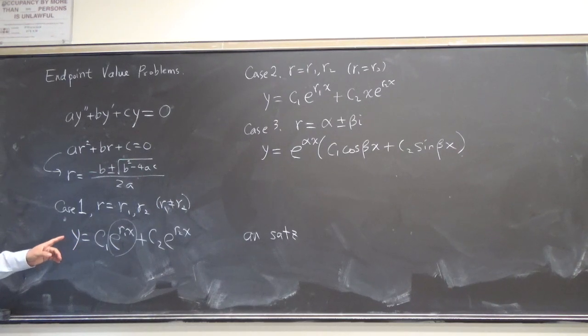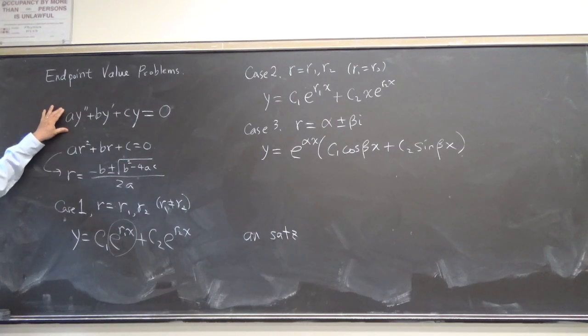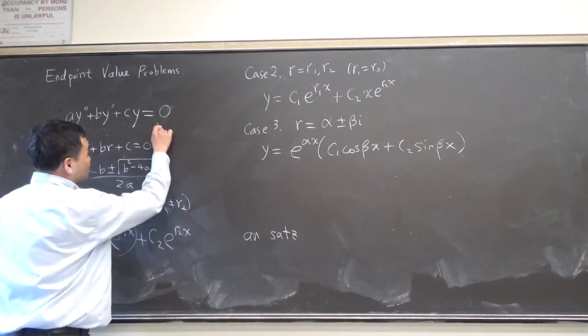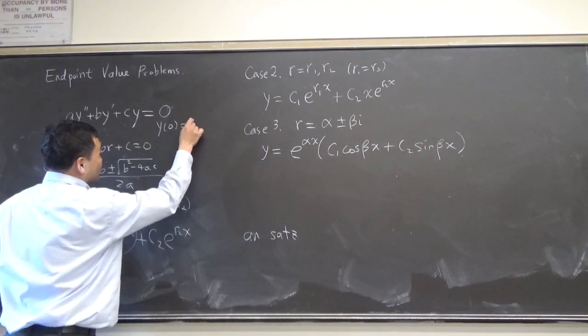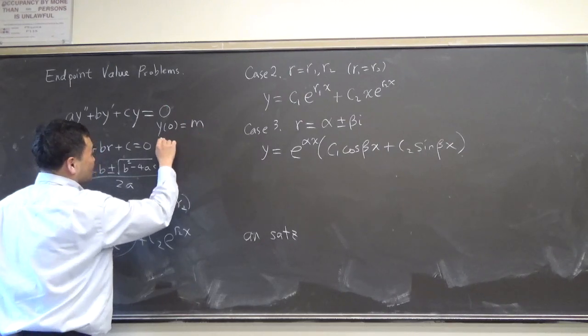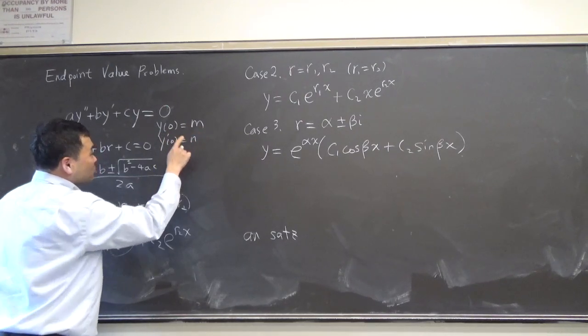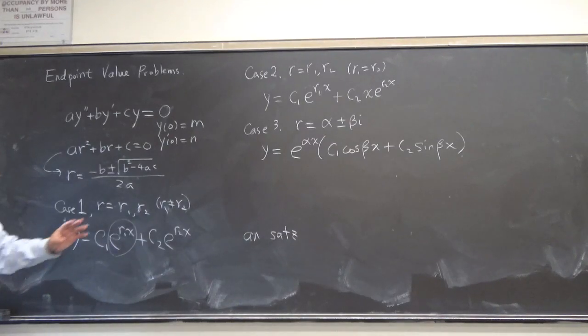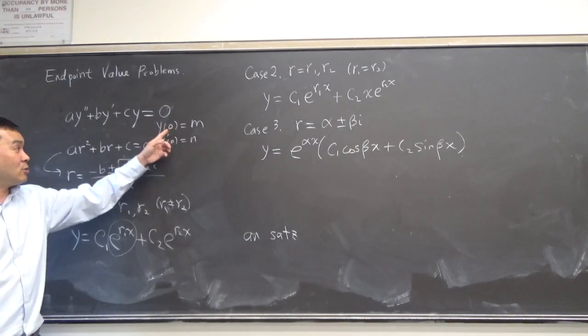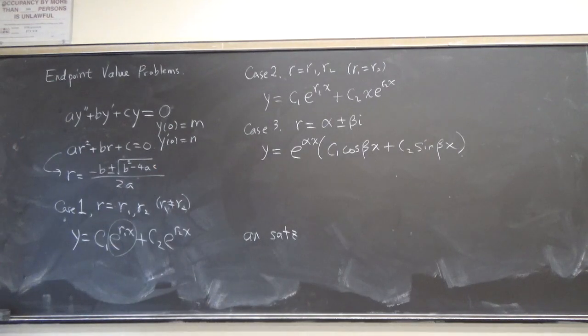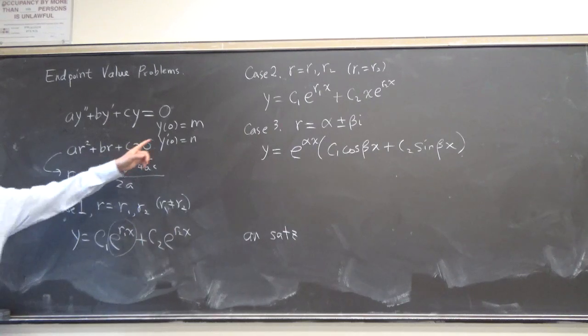The reason that kind of argument is justified is because we know that second order constant coefficient homogeneous differential equations will always have a solution for initial values. So the initial value problem should be y of 0 equals some m, and y prime of 0 equals n. If you provide the values of y of 0 and y prime of 0, then there always exists a unique solution for any two choices.